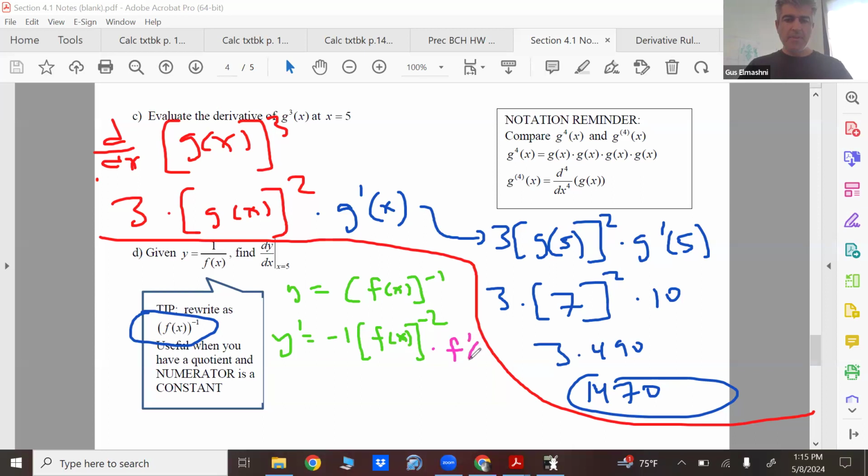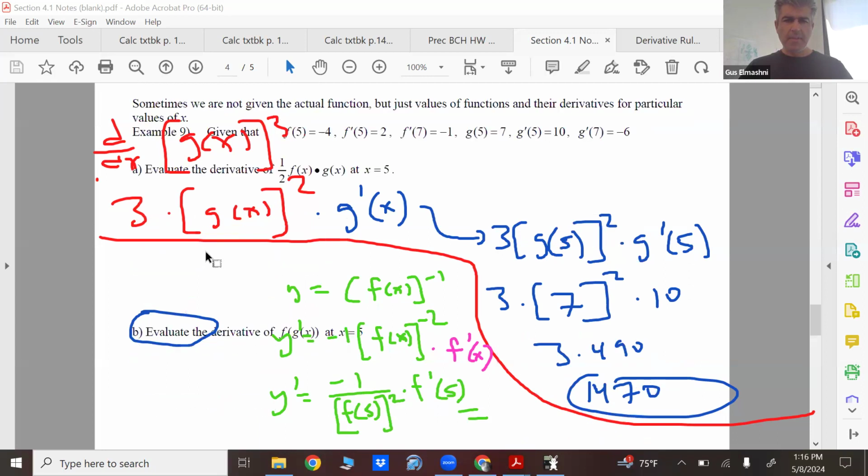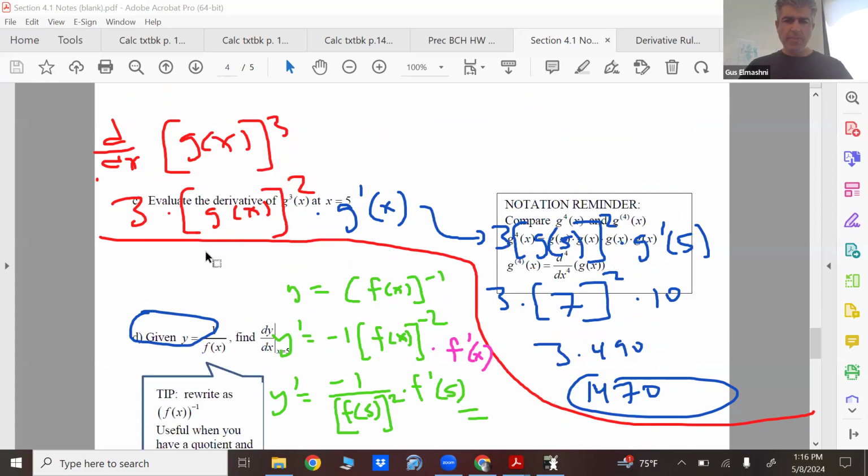When you have f of x, you have to assume it's another function. Yep, it's composite, 100%. That's the mindset you have to have. So y prime is going to equal -1 over f of 5 squared. Well, what's f prime 5? 2 and -4. Okay, so we have -2 up top.